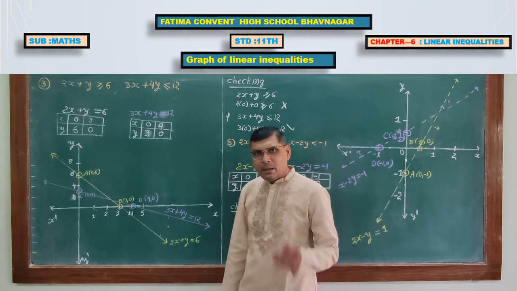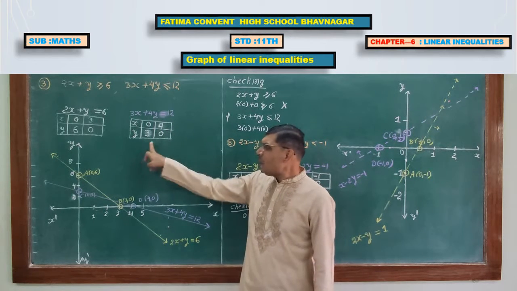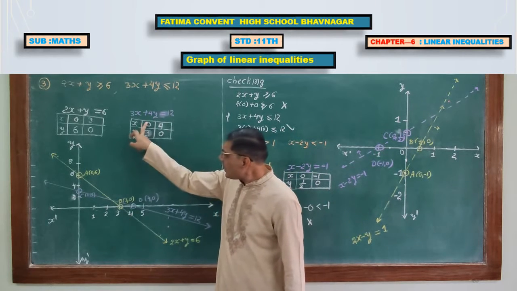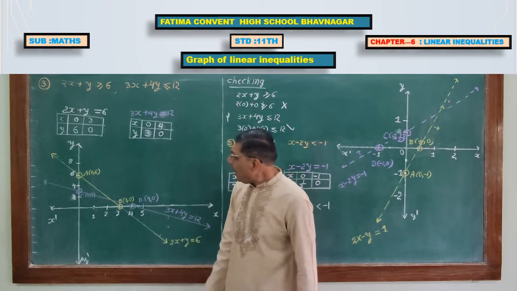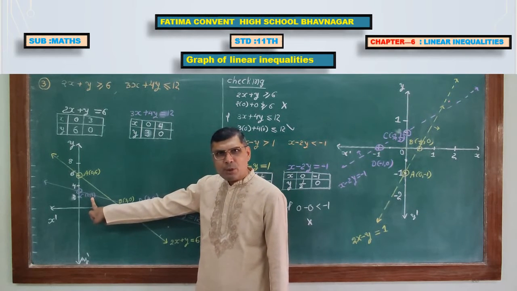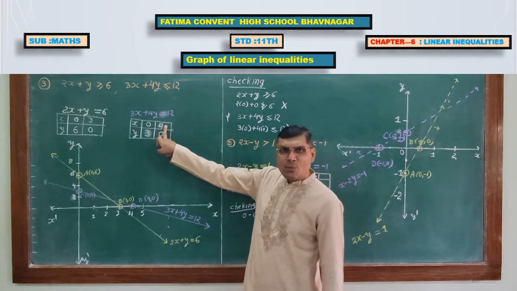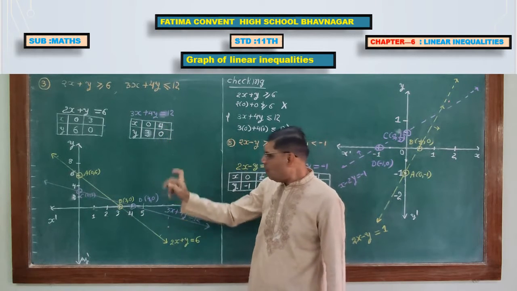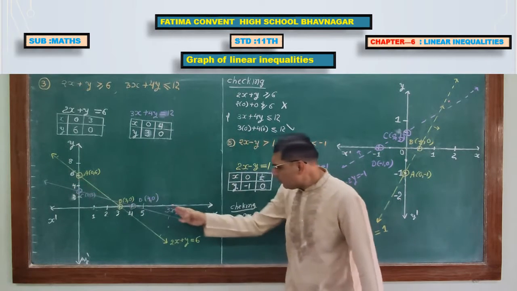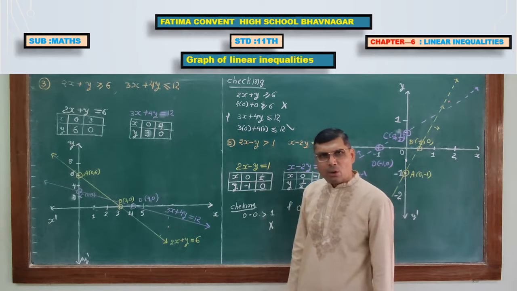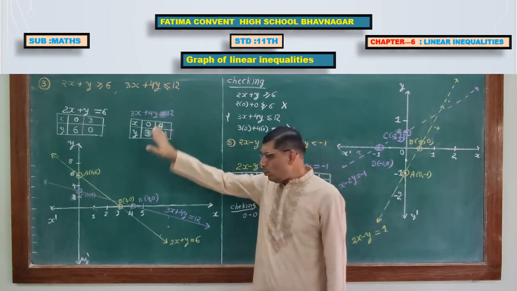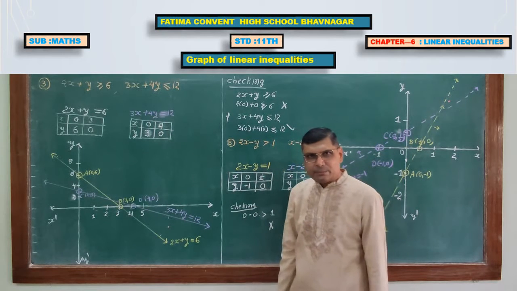Suppose this is point C and this is point D. x equal to 0, y equal to 3, that is point C. x equal to 4, y equal to 0, that is point D. Now join these two and you will get the other line. Once again, the equal to sign is there, less than or equal to, so it is a continuous line.